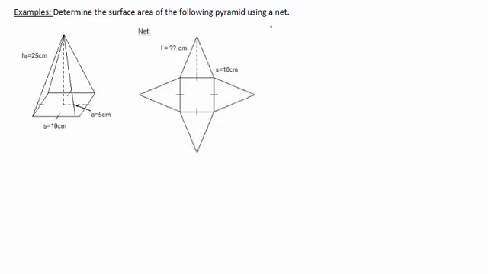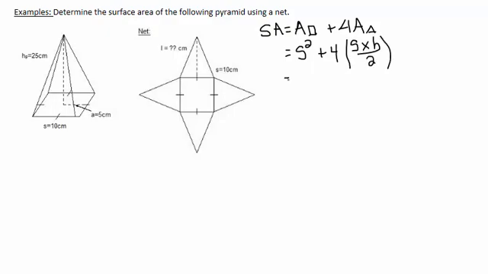The surface area of this shape is equal to the area of the square, which is the bottom of the pyramid, plus 4 areas of these triangles that make up the sides. The area of a square formula is side length squared, plus the area of a triangle is side times height divided by 2. So our value of S we know is 10.